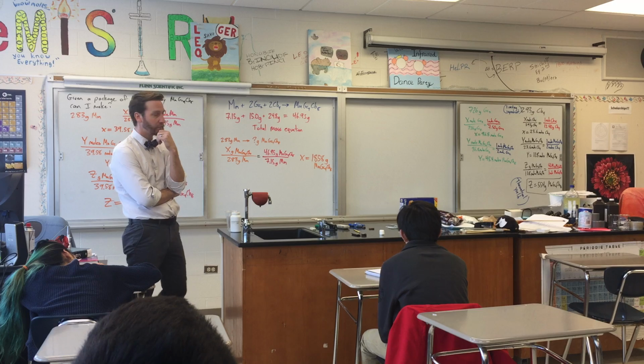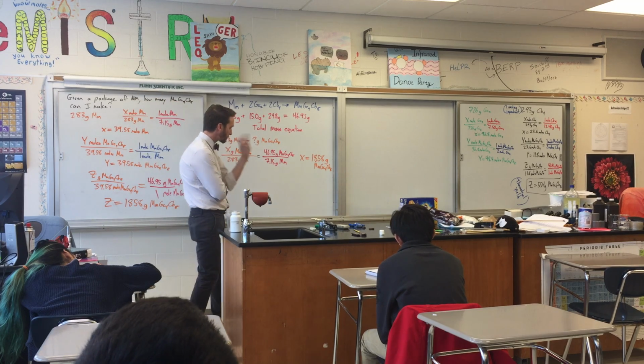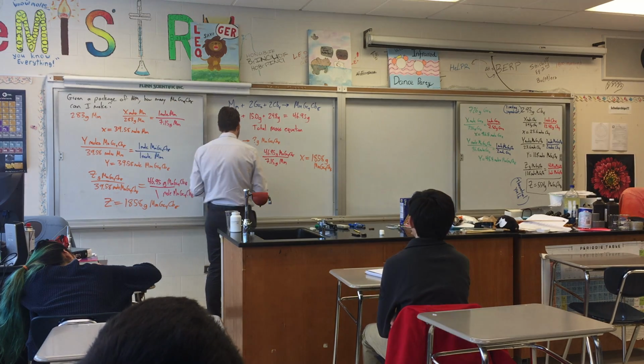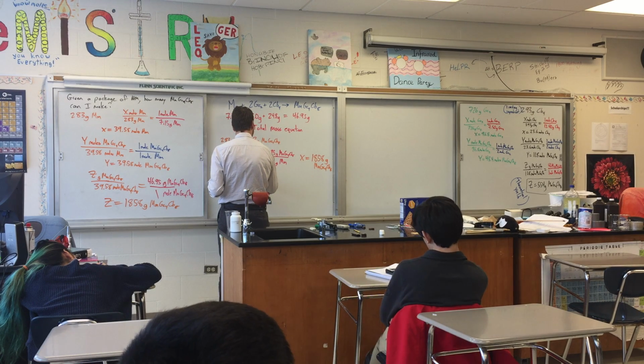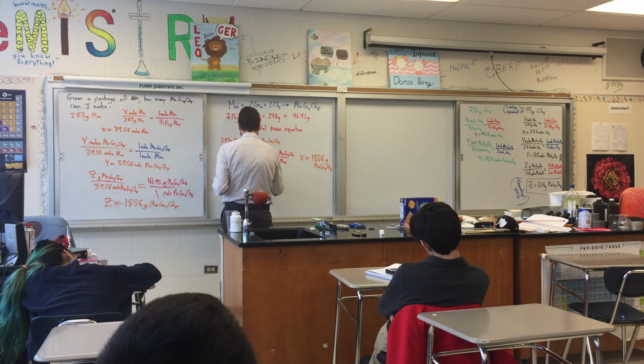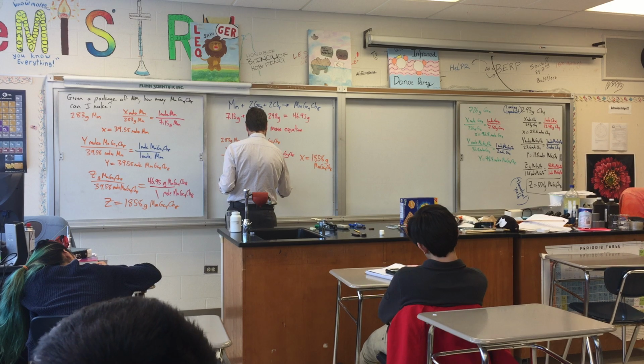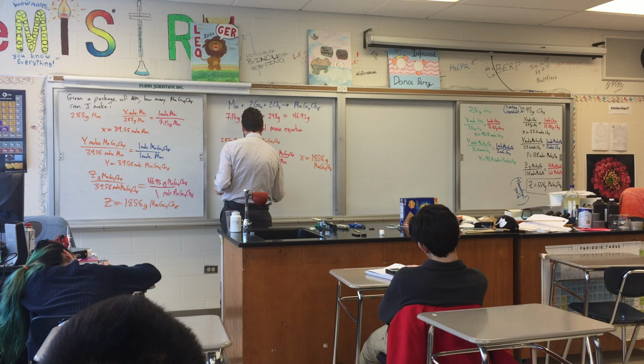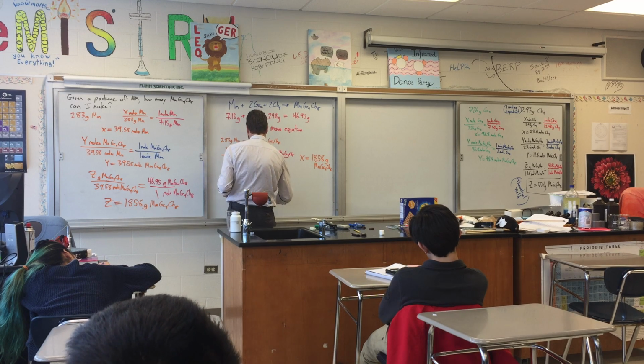Why don't we just divide by the number of grams a s'more weighs? Oh, we could do that. We could set up a proportion and say, okay, how many moles of s'mores are there in 1,858 grams of s'mores?